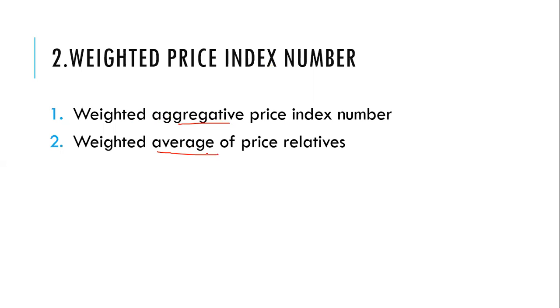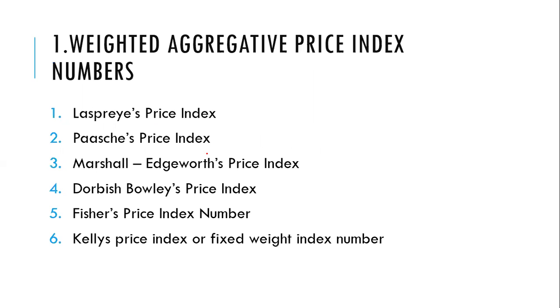So first we will go to weighted aggregative price index number. What does this mean? Keep in mind, we are learning about price. We assign quantity as weights in weighted aggregative price index number.